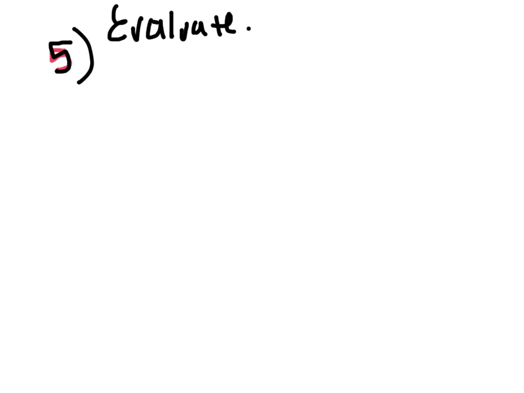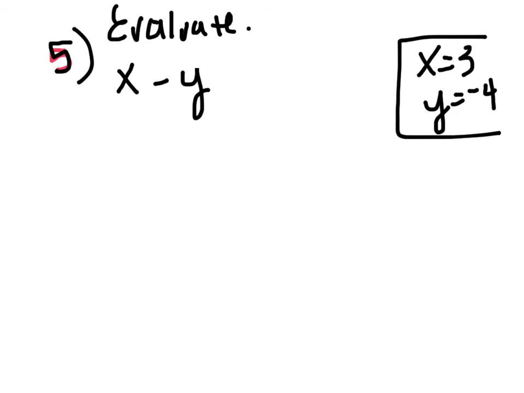Problem number 5 is evaluate. We remember that we said before that to evaluate, we need to put the values of the variables in parentheses. That means if we know that x is 3 and that y is minus 4, we're going to substitute with parentheses.